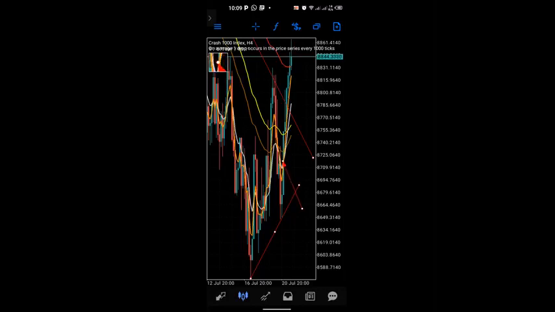Even though I'm using the 50 and the 200 at the top there, I still have the smaller ones that will tell me a potential entry. If I'm using the 9 and the 4, I will enter my trade here, so I would already be in profit.